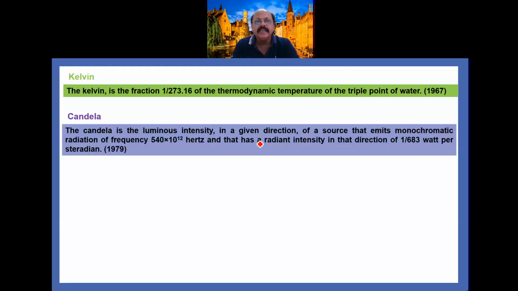The candela is the luminous intensity in a given direction of a source that emits monochromatic radiations of frequency 540 into 10 to the power 12 Hz, and that has a radiant intensity in that direction of 1 upon 683 watt per steradian, and that definition came in 1979.